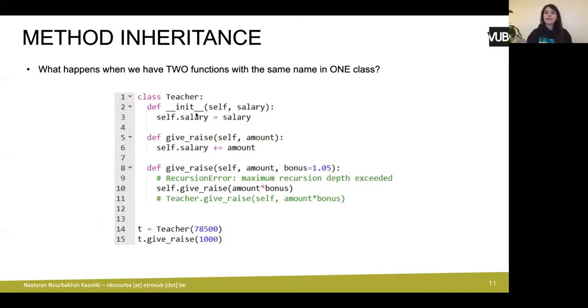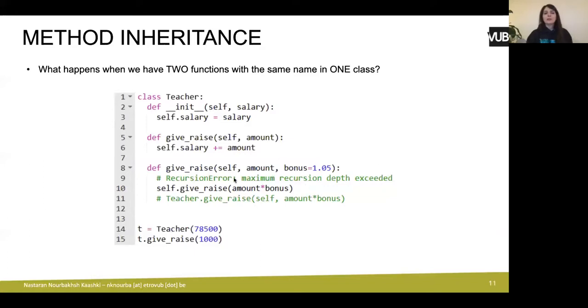Why? Because this one will not be considered. This one will be eliminated. We have function overloading in other languages, but we don't have it in Python. Even if I remove this one, we don't have it.